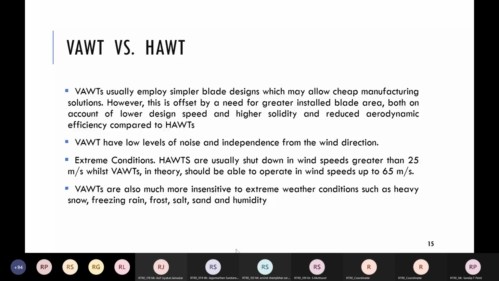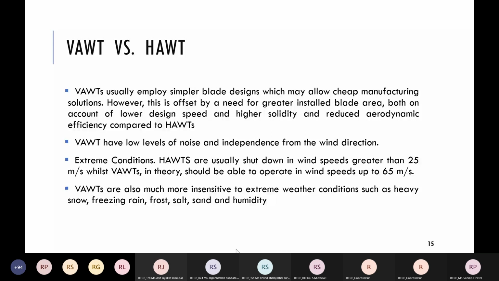HAWT generally has a cutout speed of 25 meters per second maximum, while for VAWT in theory it can sustain up to 65 meters per second wind speed.